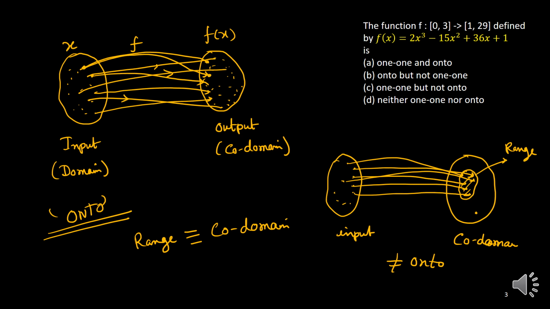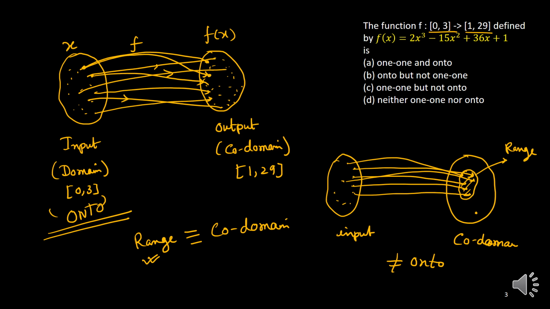So in this problem, you can see that the domain is given as 0, 3, and the codomain is also given, 1 to 29. I need to find out the range. If the range is again 1 to 29, then it is done, and I'll say the function is onto. Otherwise, if the range is less than the codomain, then the function is not onto.